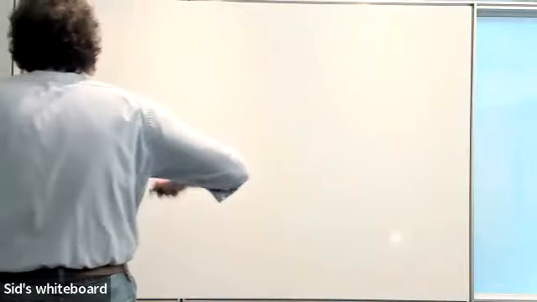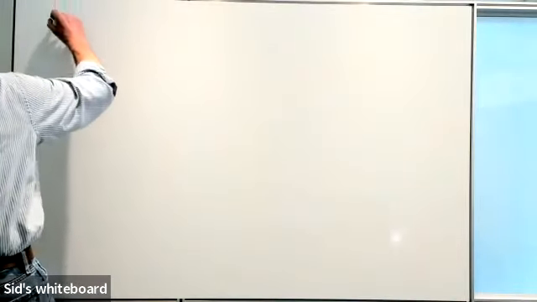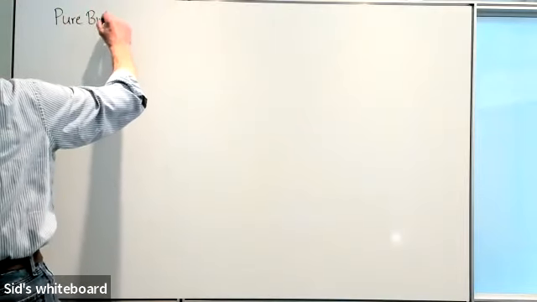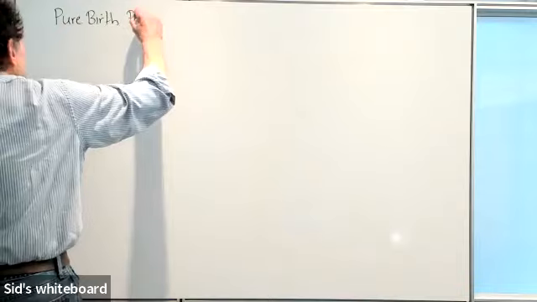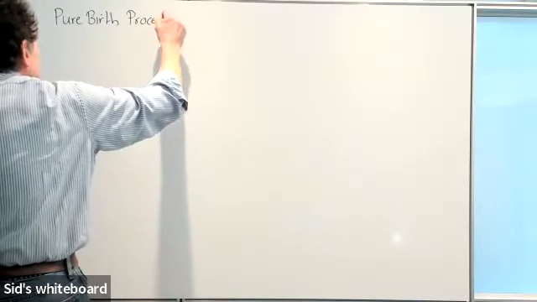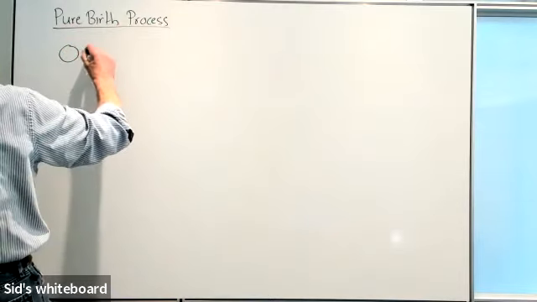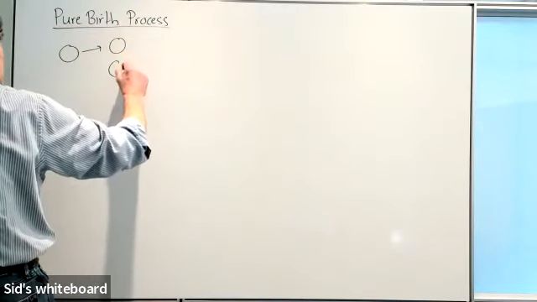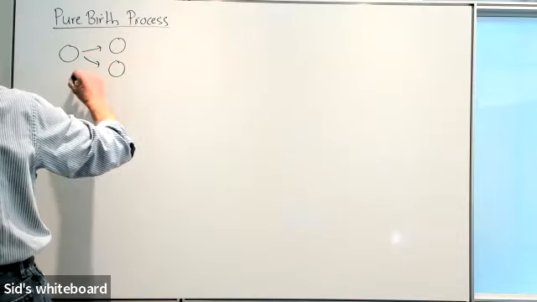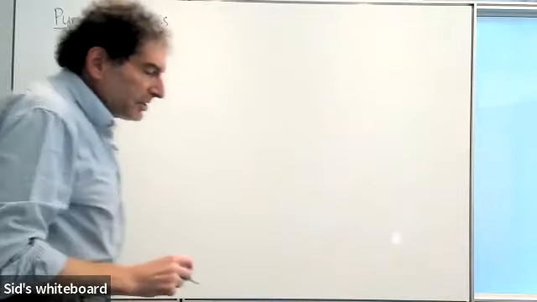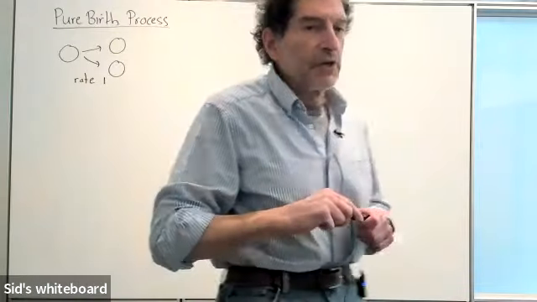So last time I started presenting the pure birth process. In the pure birth process, we have a cell that goes to 2 cells with rate 1. And the question is, what is the number of cells as a function of time?